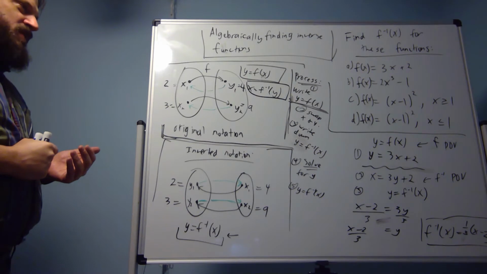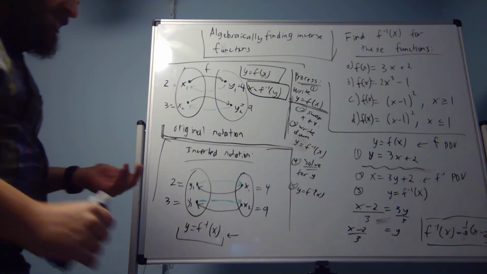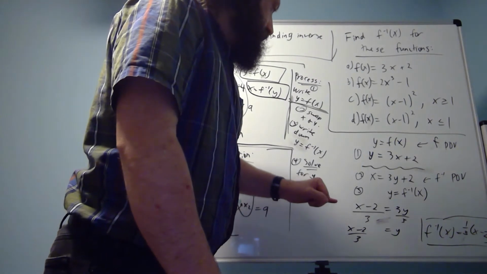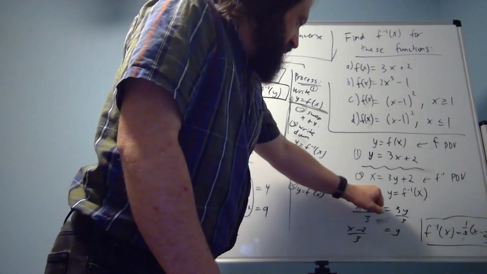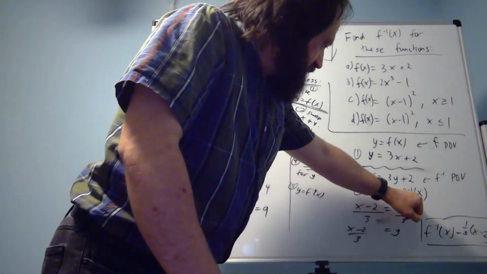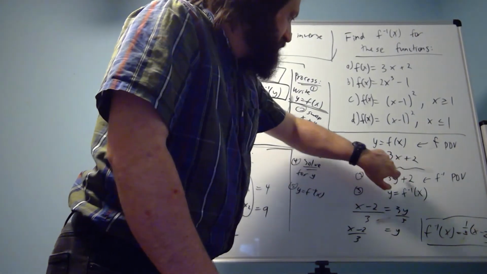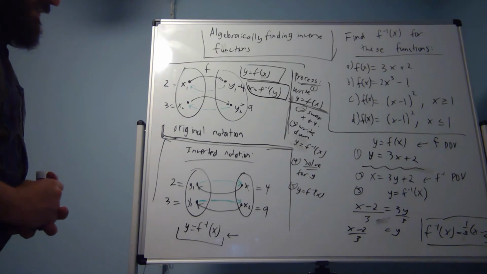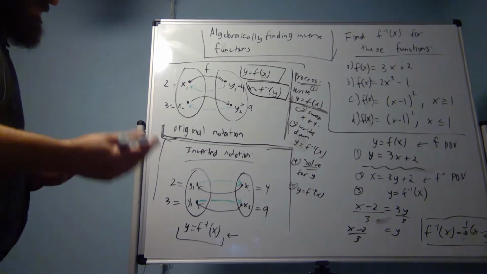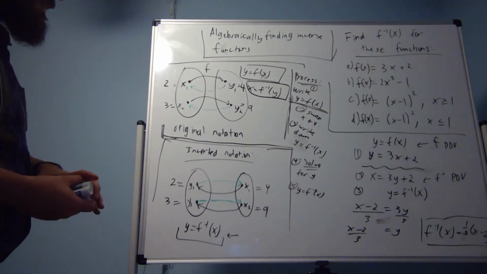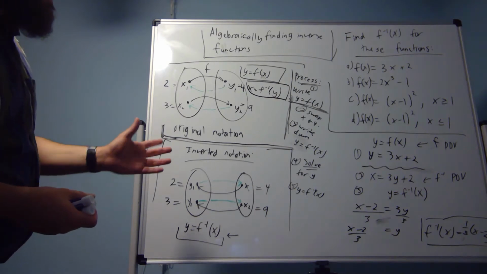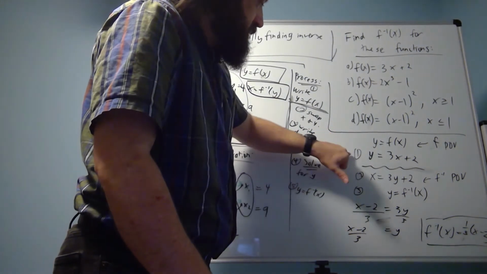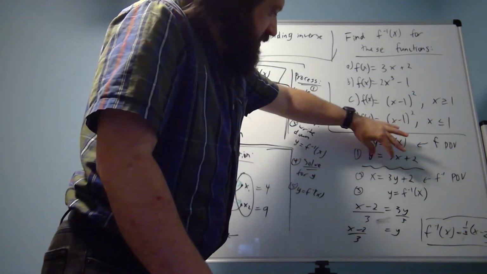If I write down y is equal to f of x, then that means y is 3x plus 2. But if y is a variable that represents f inverse of x, that's the same relation with the roles of x and y completely reversed. f and f inverse are very closely related things, and you just swap the x's with the y's and use the same relation but with the variables reversed.